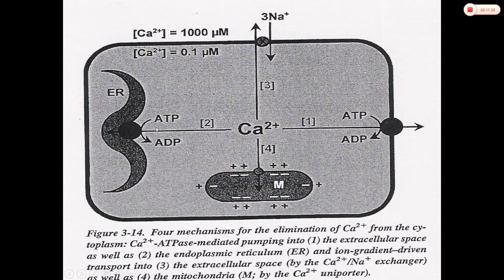Then there is ion driven transport through the calcium sodium exchangers, or through the mitochondria. The mitochondrial calcium uniporters can also play a major role in elimination of calcium from the cytoplasm.